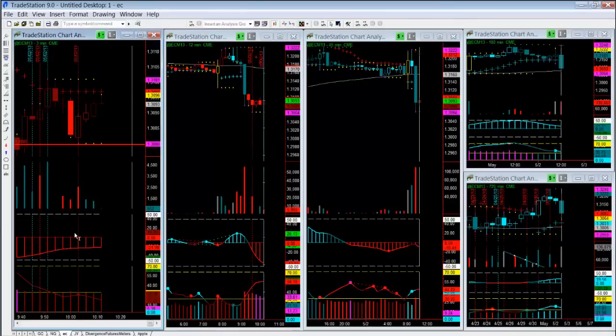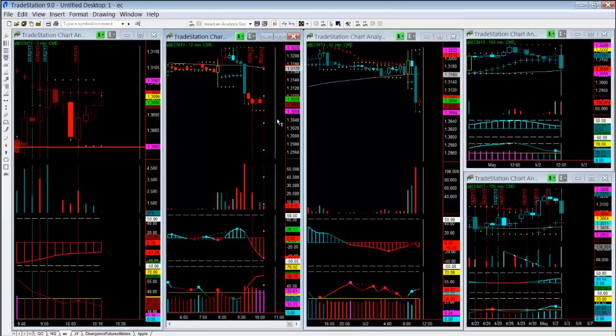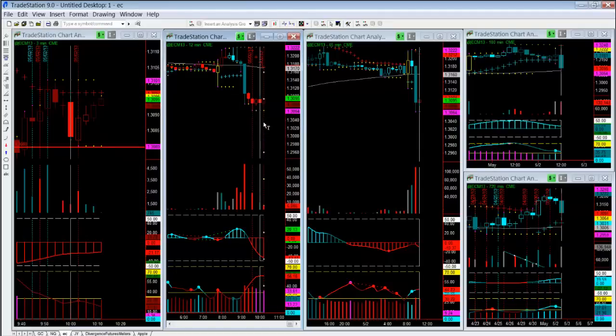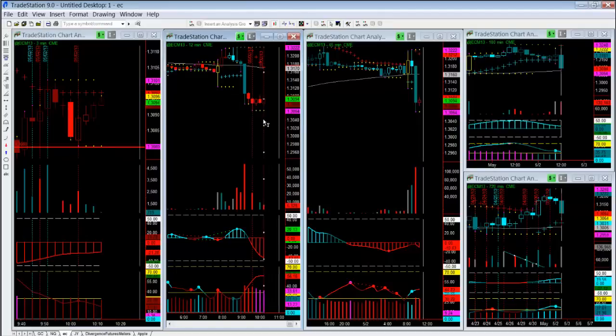Over here on the euro, you're getting divergence right at the ATR. But no, you've had a test for buyers here. Let me move this one.